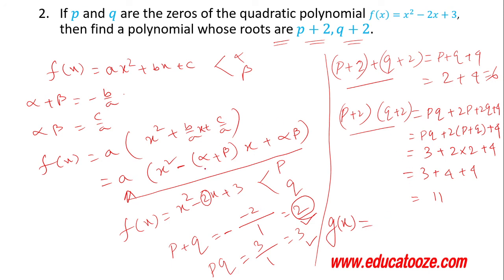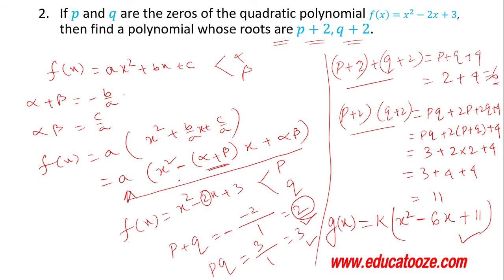It is some constant k into x squared minus sum of the roots x, the sum of the roots is 6, so 6x, plus the product of the roots, that is 11. That's all. This is the required answer.